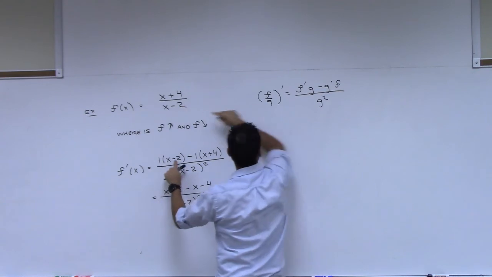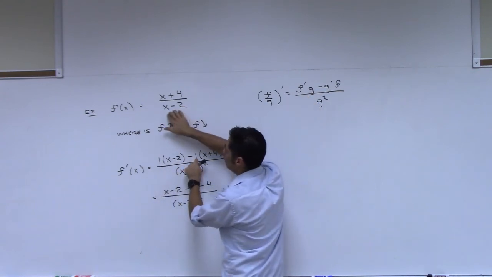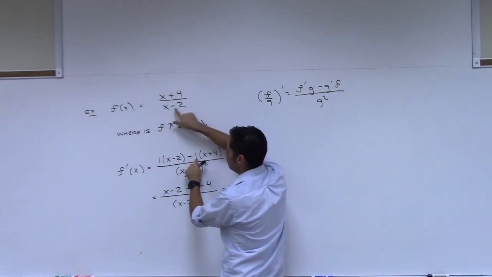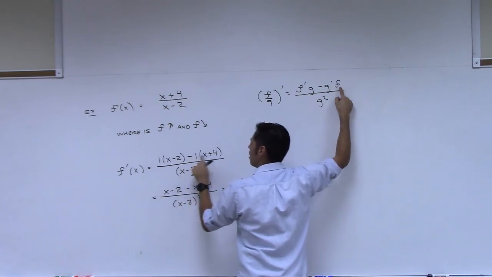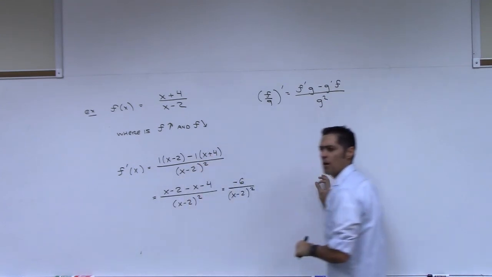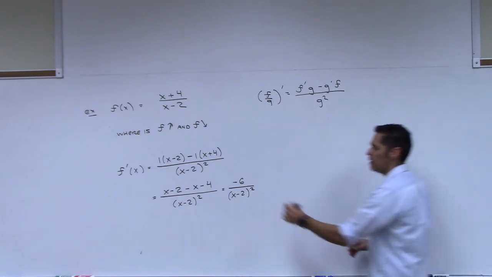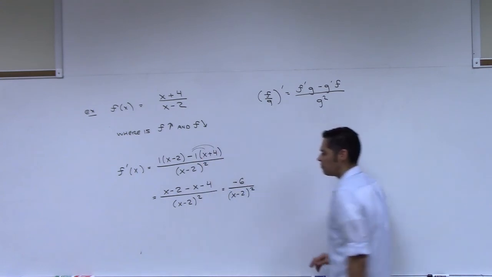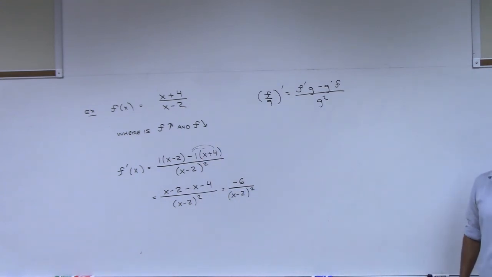Then times the bottom, which is your g. Then minus the derivative of the bottom, which again is just 1, because the derivative of x is 1. Derivative of negative 2 is 0. And then times the f, which is the top function, then all over the bottom squared. And then you have to distribute or get rid of the parentheses, and just be careful putting that negative through here. So are we okay with that? Okay, that's our derivative.